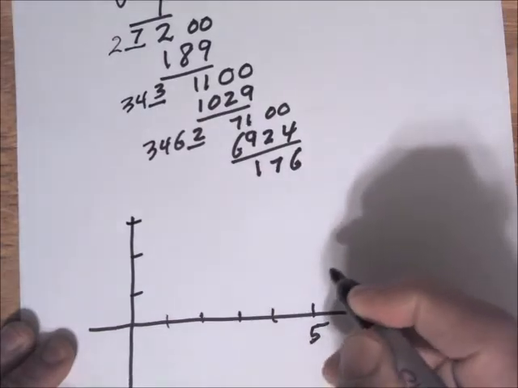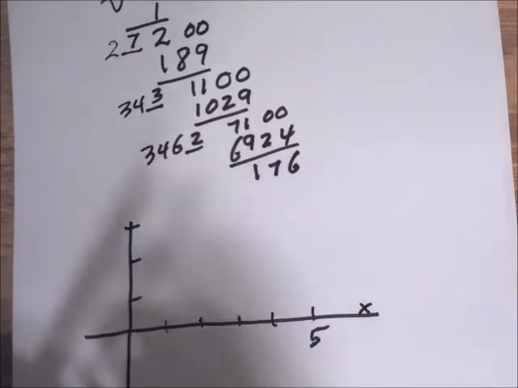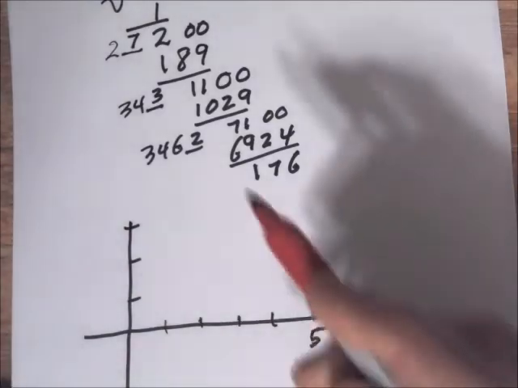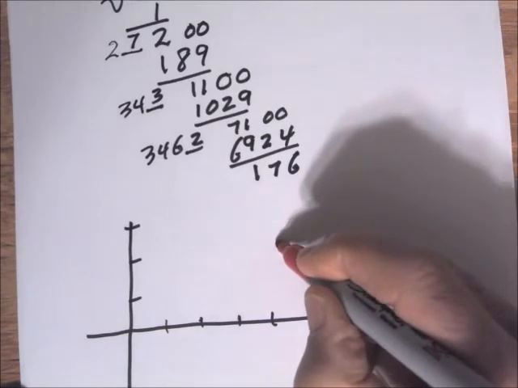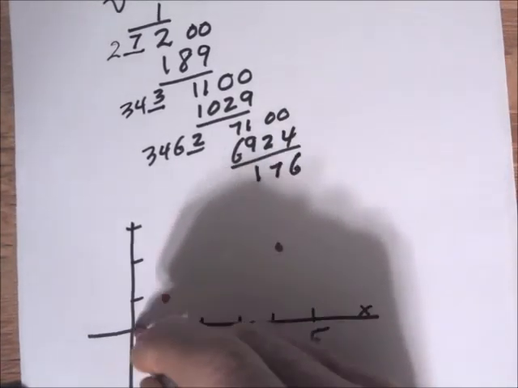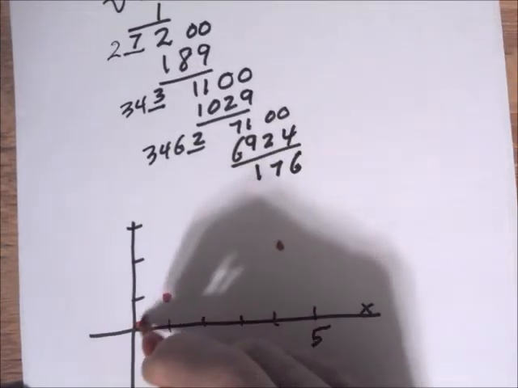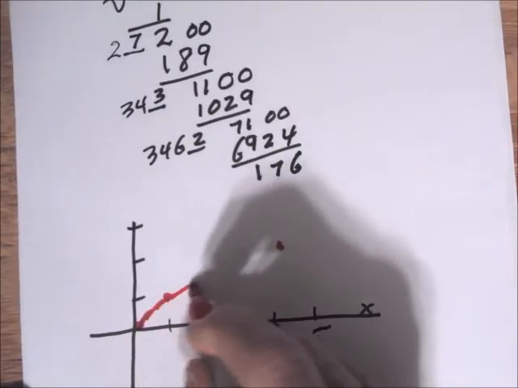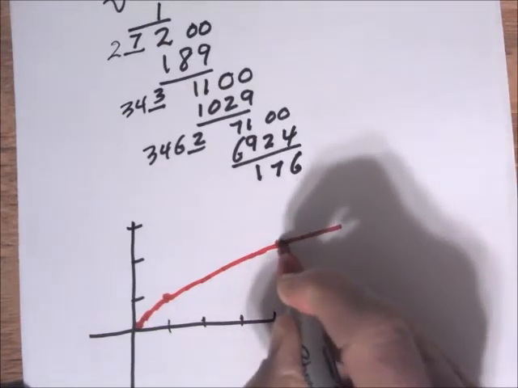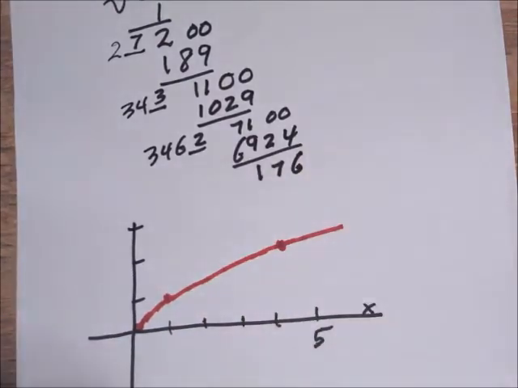So square root of 4 is 2, and that's actually our point of tangency here. Square root of 1 is 1, square root of 0 is 0. So the curve, it's a semi-parabola. It's a piece of a parabola, and that's f of x.